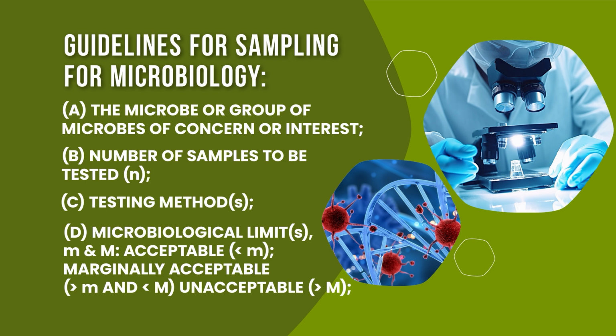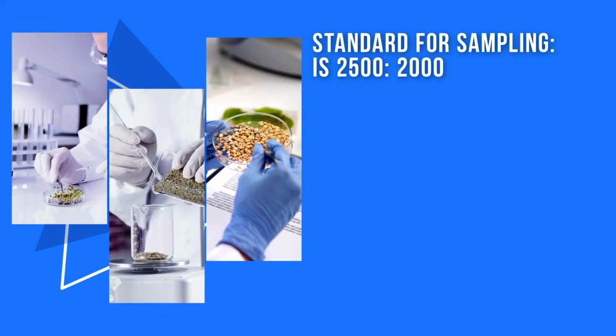But if any sample is having a microbial load which is more than capital M, then the whole lot is rejected. So number of samples which fall into each category of microbial limit, acceptable, marginal and unacceptable, is the guideline that we follow.